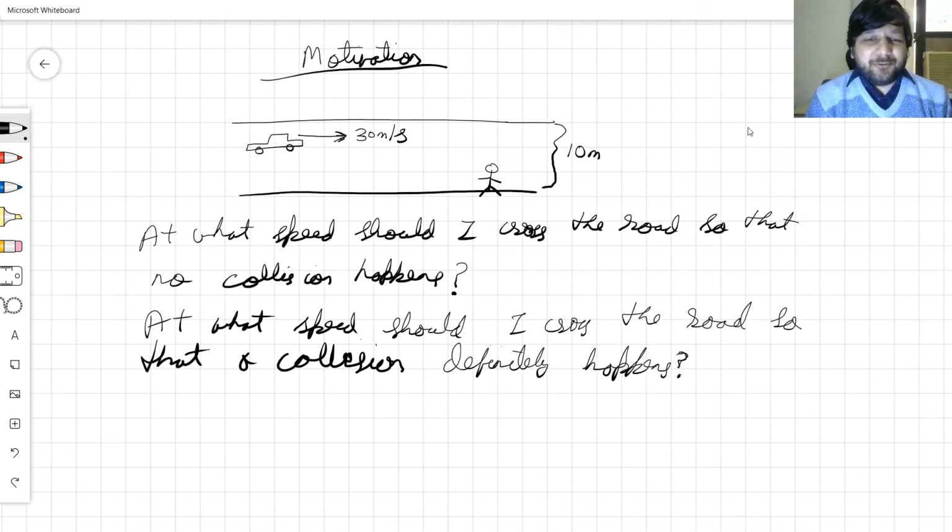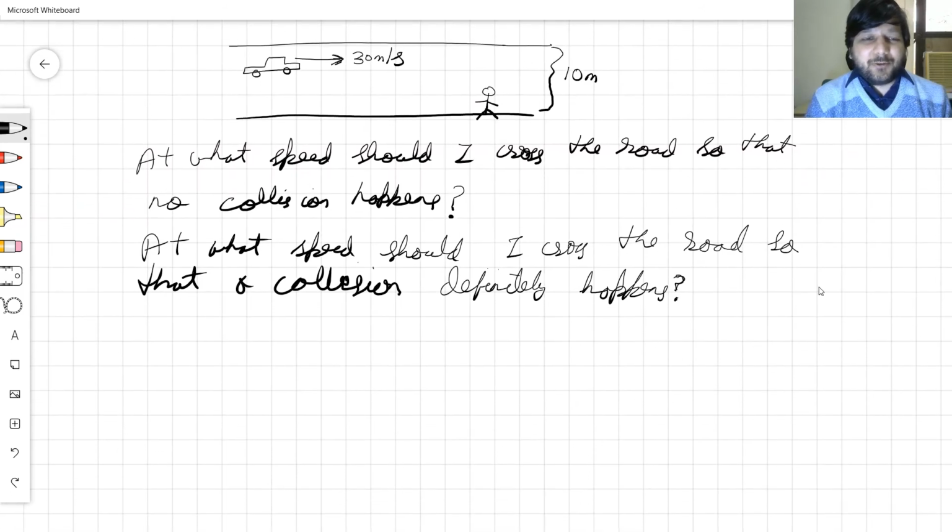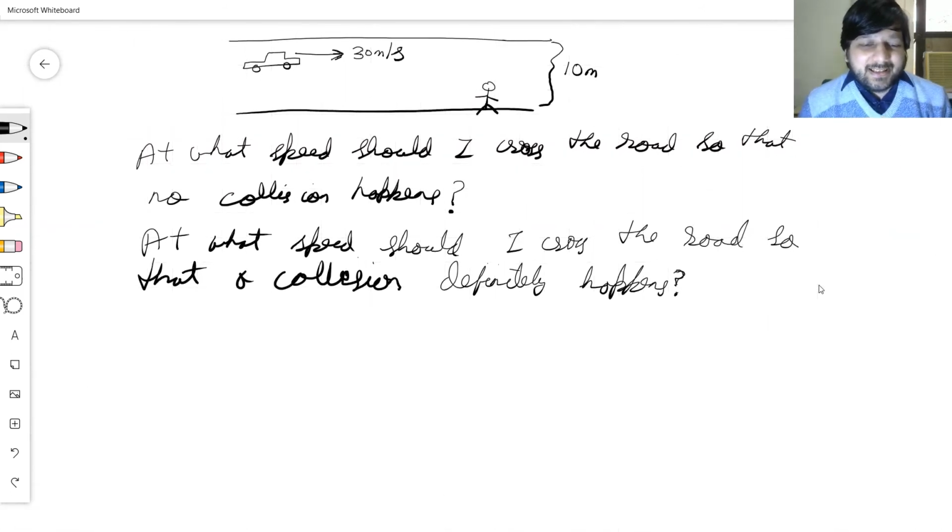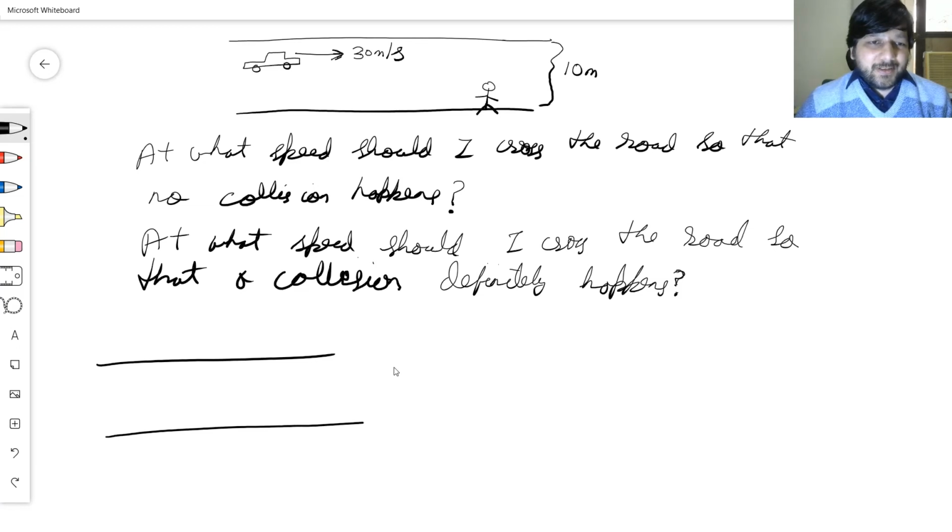So now if I need to find out at what speed a collision definitely happens, let me take the two limiting cases and draw them over here. The first one is over here. The first case is when the vehicle is over here and I reach the spot over here and I end up in a collision.